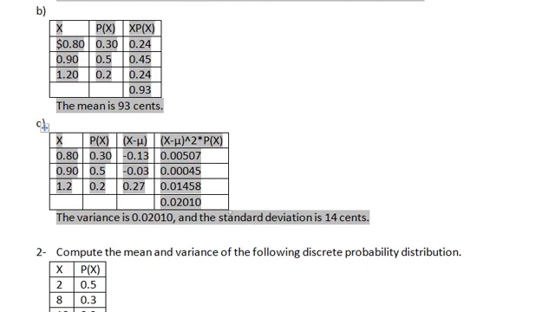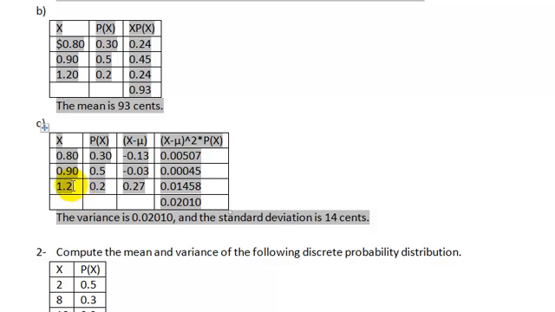C. How do we find the variance? The first step, we need to deduct the mean from each value. So x minus mean: 80 cents minus 0.93 is negative 0.13. 90 cents minus 0.93 is negative 0.03.